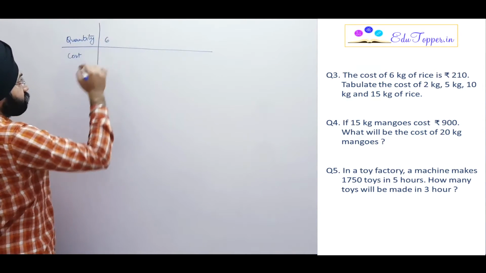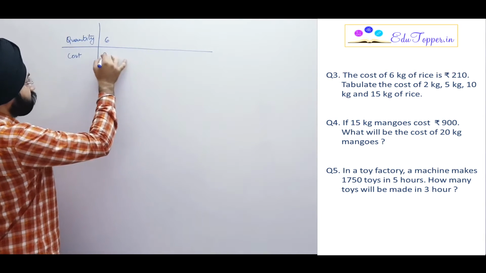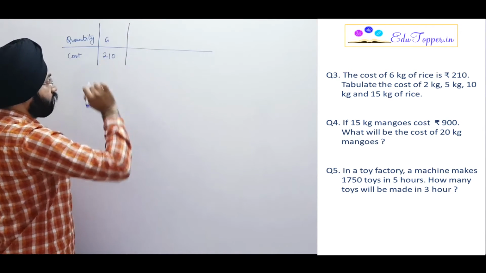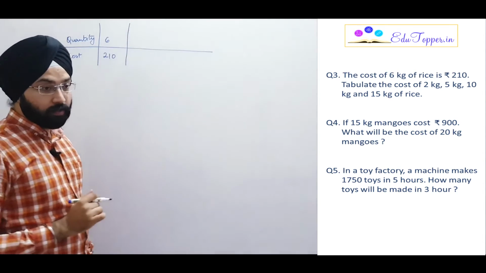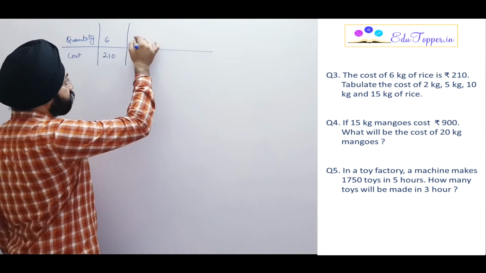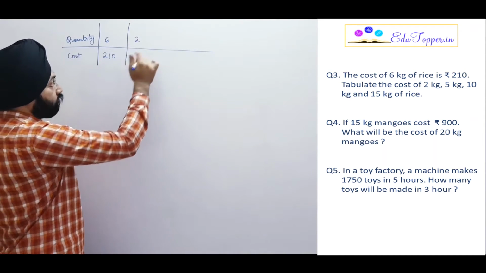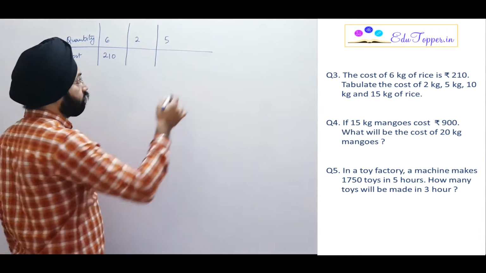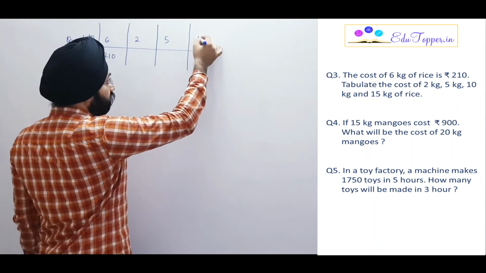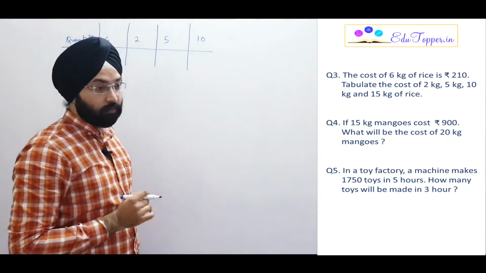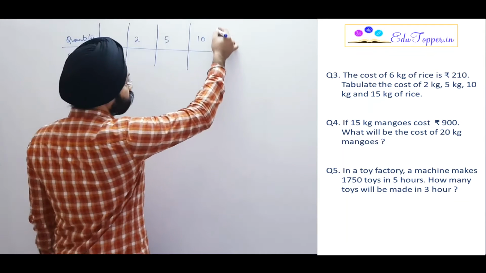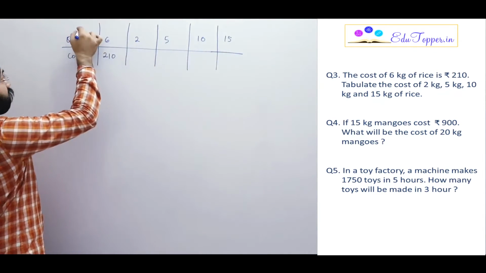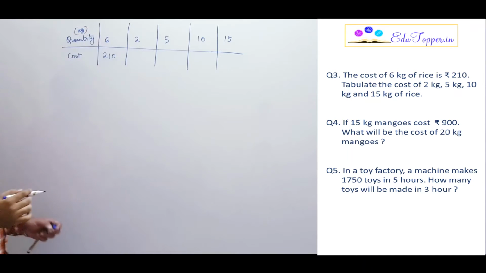When the quantity is 6 kg, the cost is 210. When the quantity is 2 kg, we need to determine the cost. When the quantity is 5 kg, we need to determine the cost. When the quantity is 10 kg, we need to determine the cost. And we also need to determine the cost when the quantity is 15 kg. So this quantity is in kg, right?